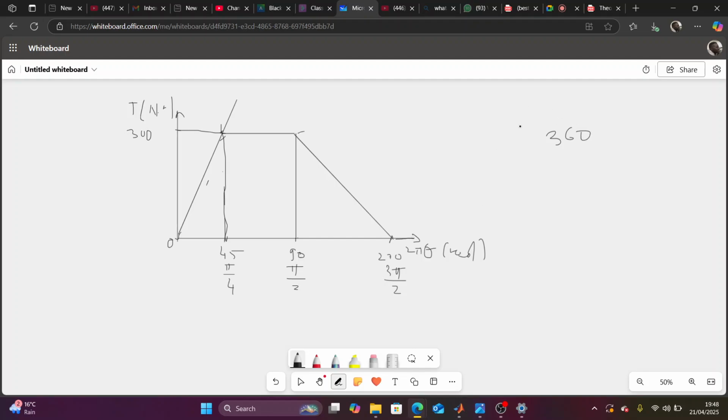Yeah. 360. Let's say in a problem, they say the problem is having 2 revolutions. What will be the value of theta? If 1 revolution is 2 pi, what is 2 revolutions?